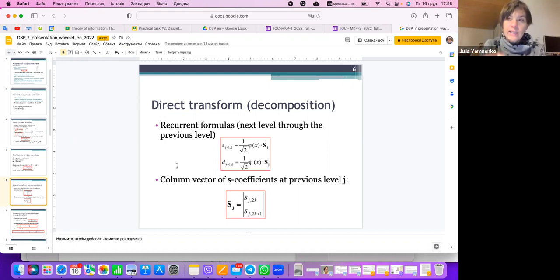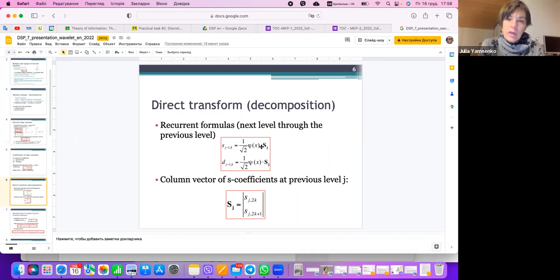So at every level of decomposition, we will use S coefficients from the previous level in order to calculate both S and D coefficients for the next level. So these are like recurrent formulas that are valid for every level except the maximum, because at the maximum level we calculated only S.